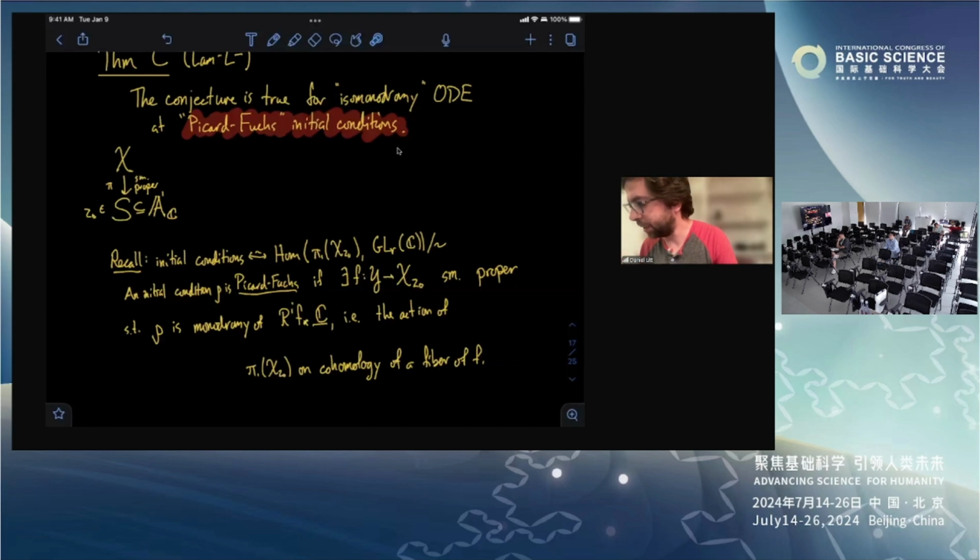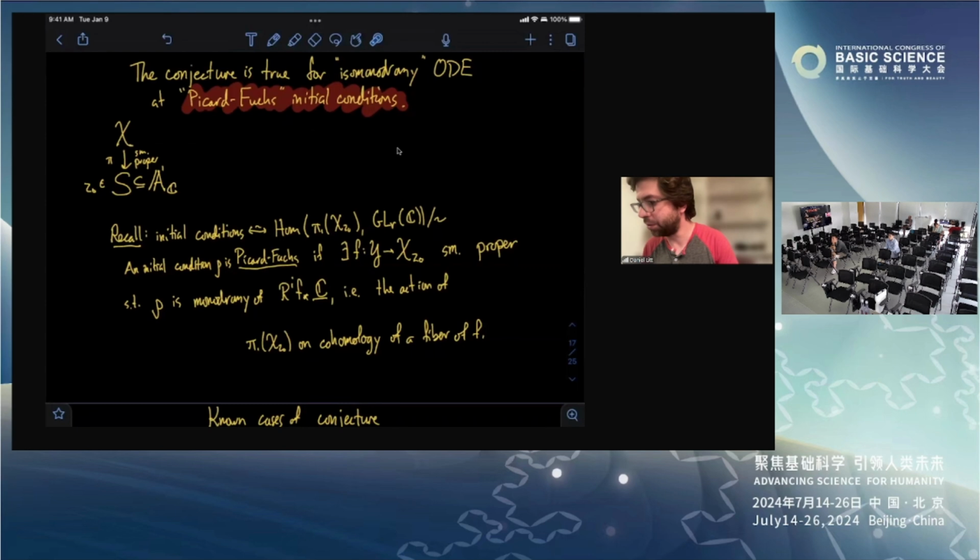I'm going to say that rho is Picard-Fuchs if there exists some smooth proper morphism Y to the fiber X0 of this map, such that rho is the monodromy of the cohomology of the fibers. This is more or less what I told you was a representation of geometric origin before, except that I really want it to be the whole cohomology of the fiber. Another way of saying this is that rho is Picard-Fuchs if it shows up as the action of pi1 of the fiber on the cohomology of the fiber of some other morphism.